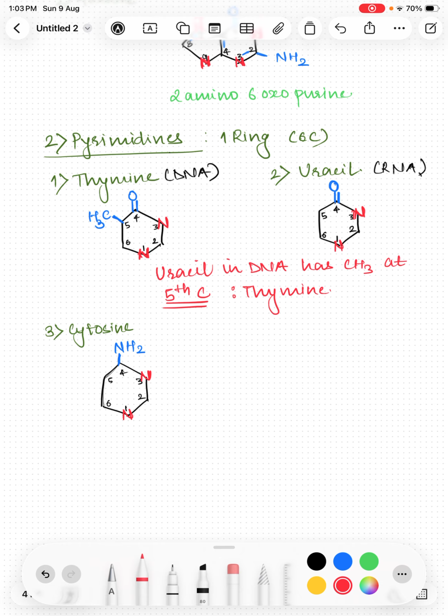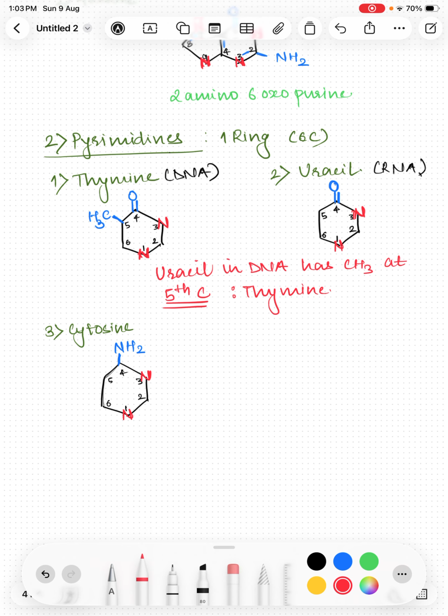At number 1 and 3 there are nitrogen atoms in all pyrimidines, and the basic difference is cytosine has an amino group at the 4th position, whereas thymine and uracil have an oxo group at the 4th position. And the basic difference between thymine and uracil is at the 5th position. In case of thymine, there is a methyl group. Hope you have got this point.